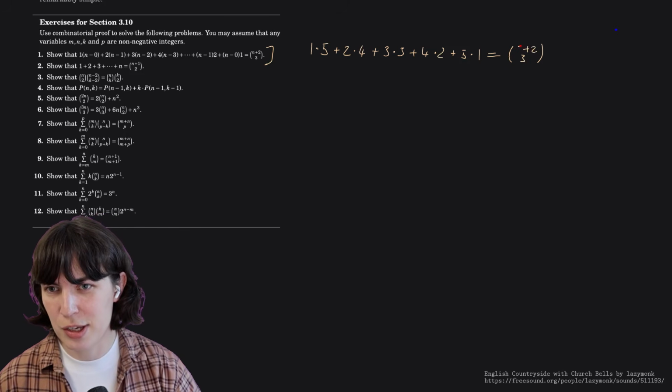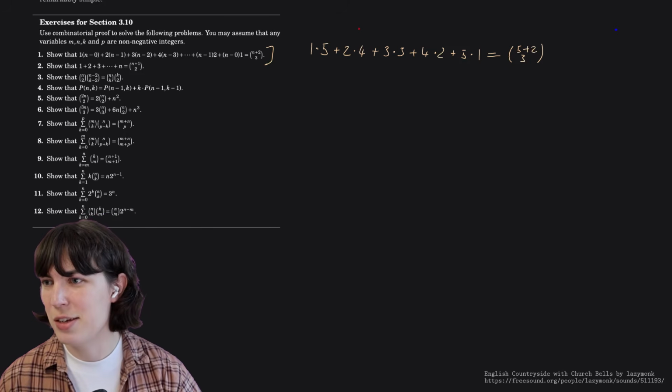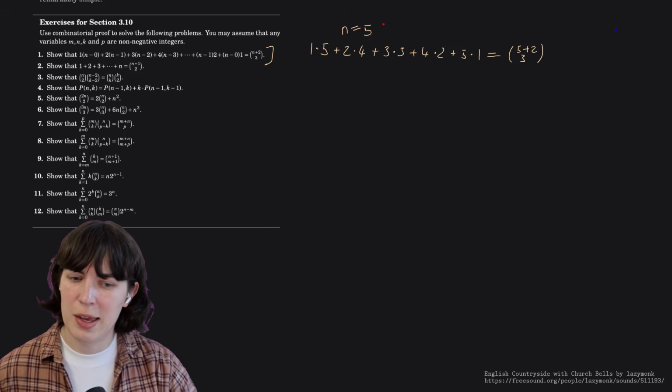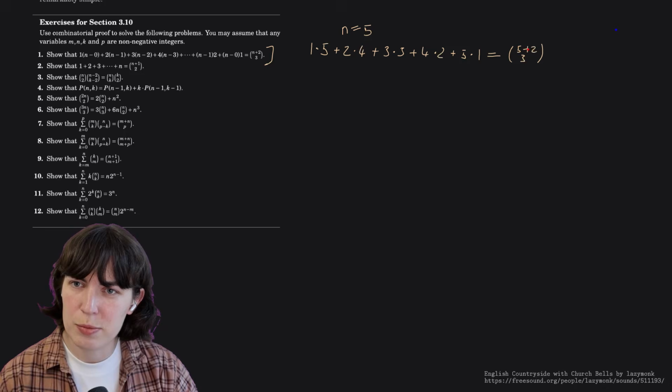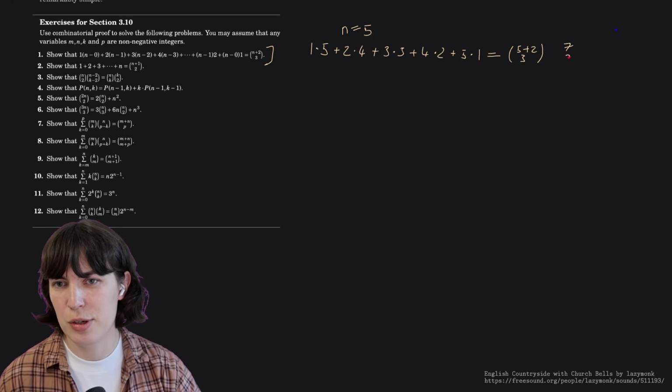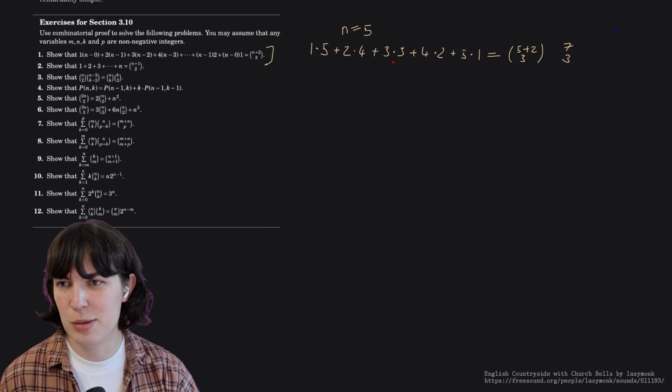It'll be 5. Yeah, sorry, I messed that up. In this case, n is 5. So it ends up being 7 choose 3. Three's the term in the middle.